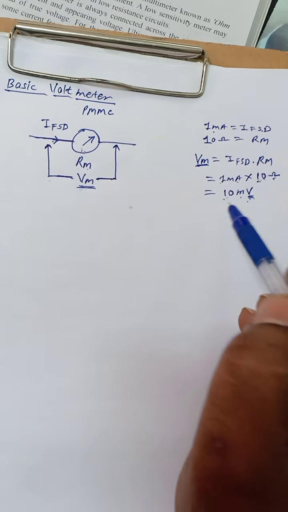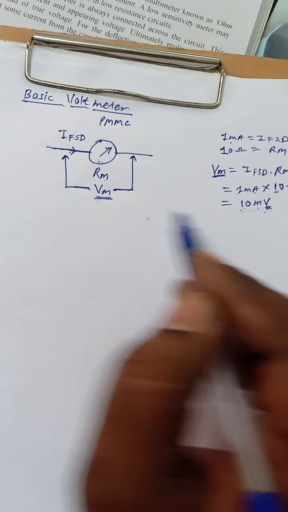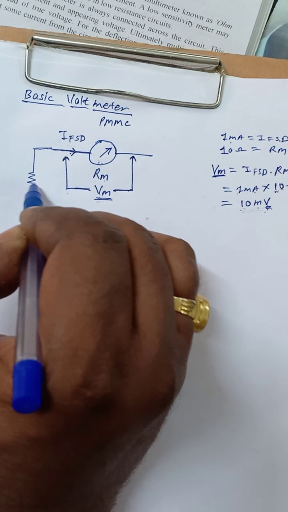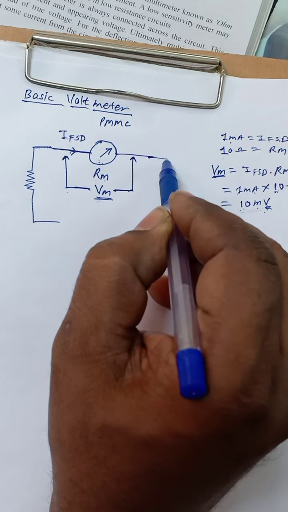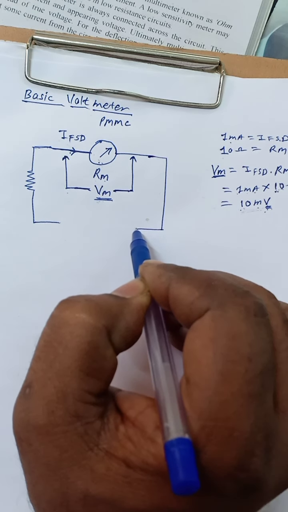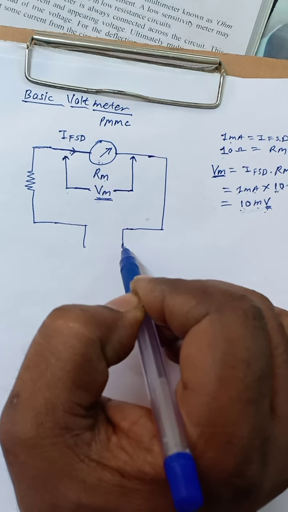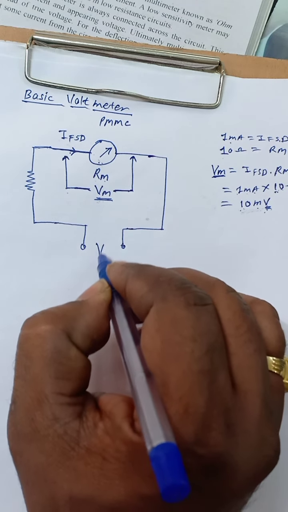So suppose I want to measure more than 10 millivolt. In that case, we require a series resistance. So here we require a series resistance, and then by connecting this series resistance you can measure the voltage that you require.